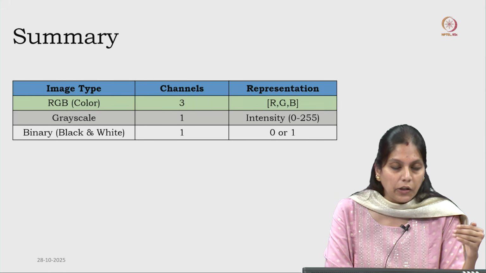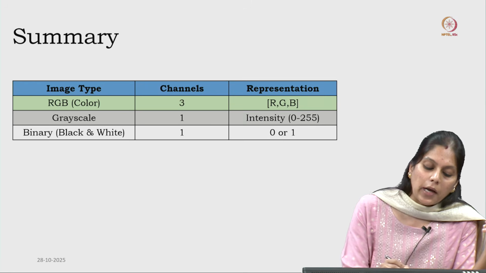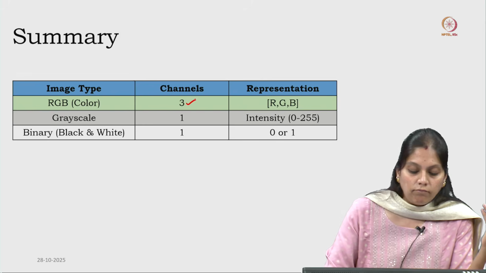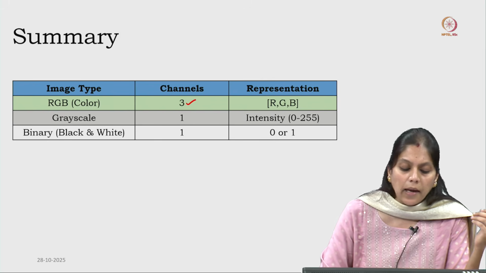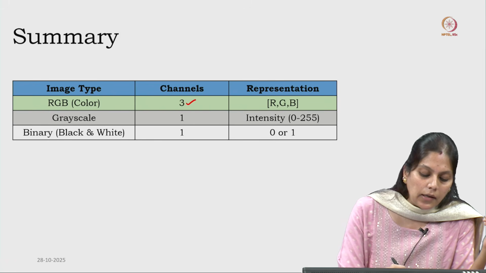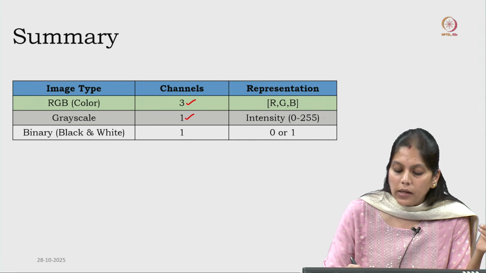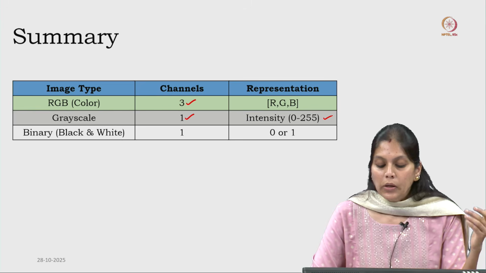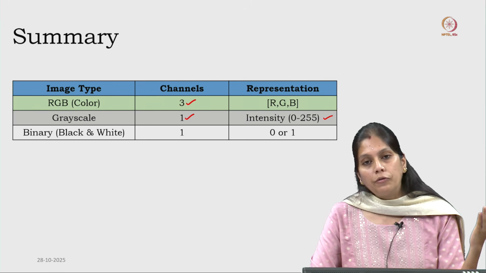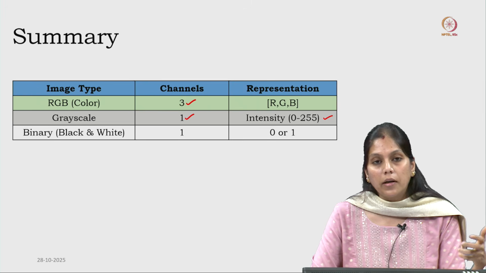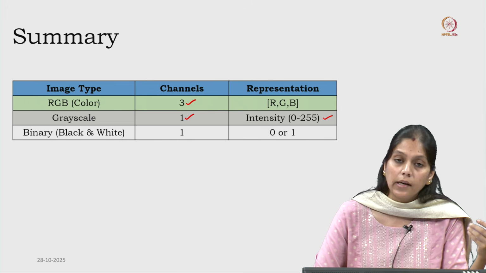If it is an RGB colored image, the number of channels is 3. If it is grayscale, the number of channels is only 1, and the value will range anywhere between 0 to 255. So, 0 represents black, 255 represents white, and in between we will have the different shades, which we will say is grey.